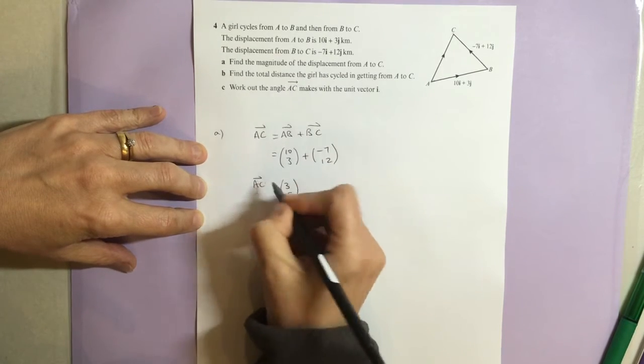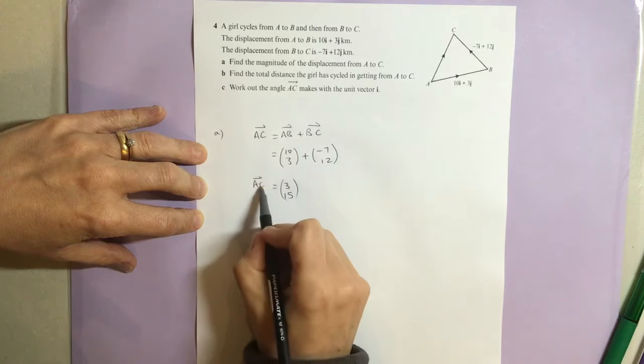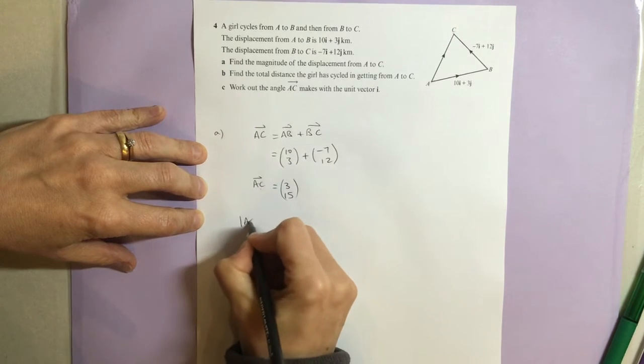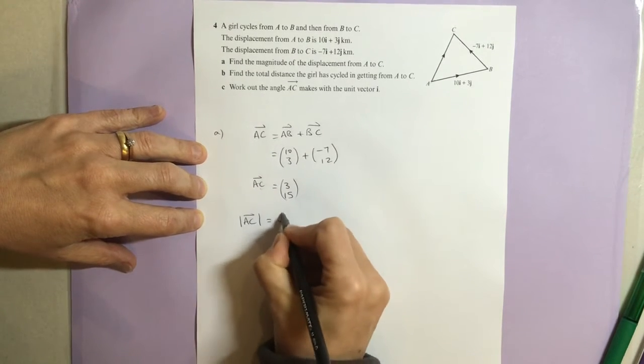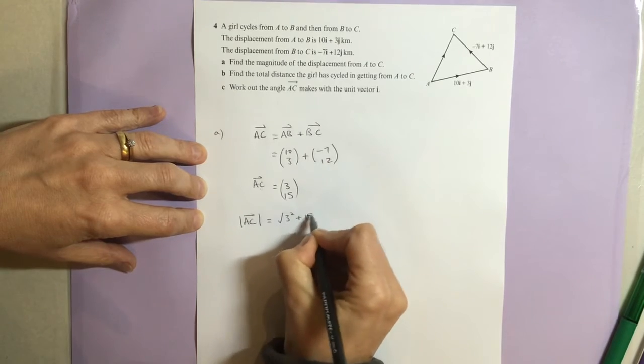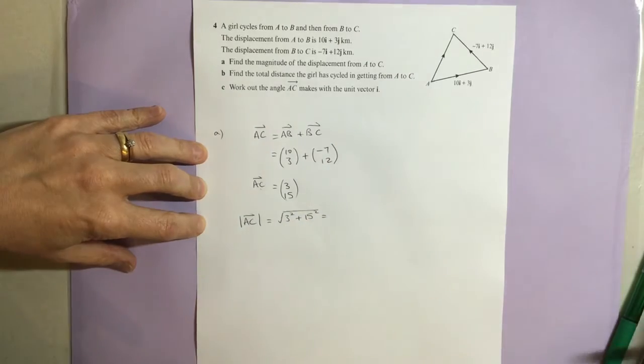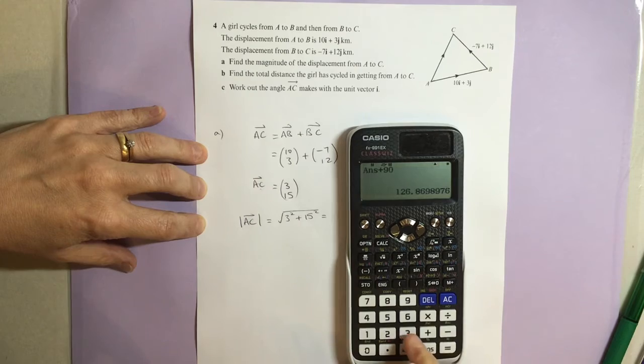So there's my vector AC, but I want the magnitude, so I want to find out the magnitude of this, the size of that vector, the length, bit of Pythagoras. Let's just get our calculator going.